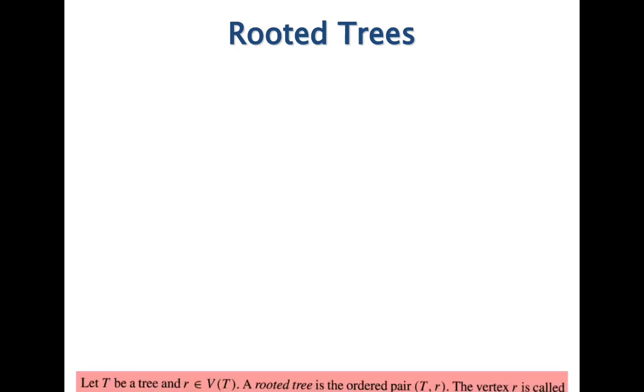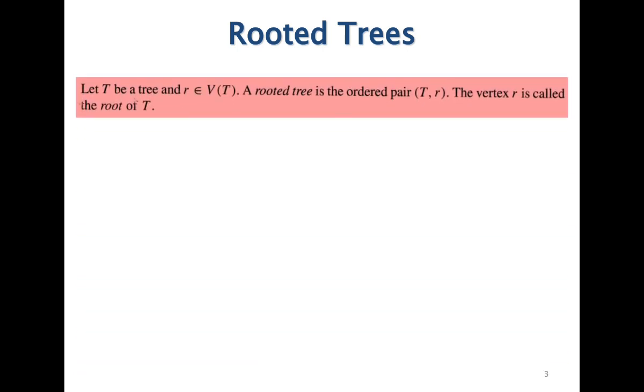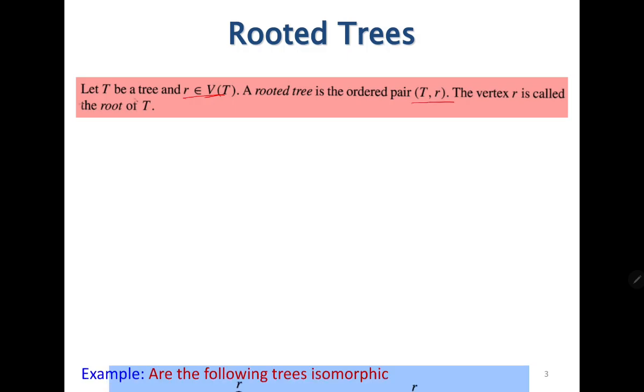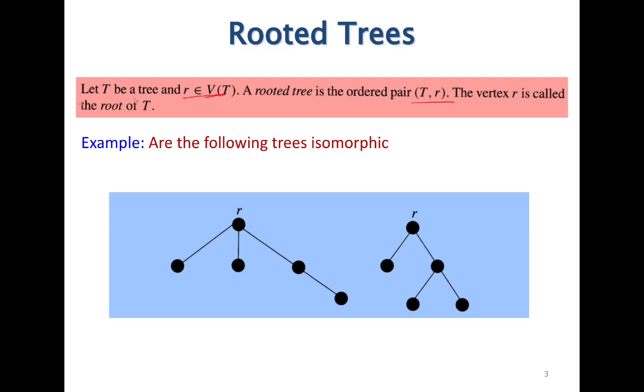So, rooted tree. Let T be any tree and you fix a vertex R of tree T. Then a rooted tree is the ordered pair T comma R, where R is said to be the root. So let's consider this example. If you see, these two are trees, and the other observation is that both are isomorphic.